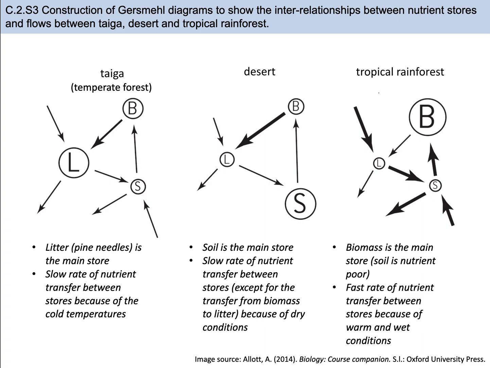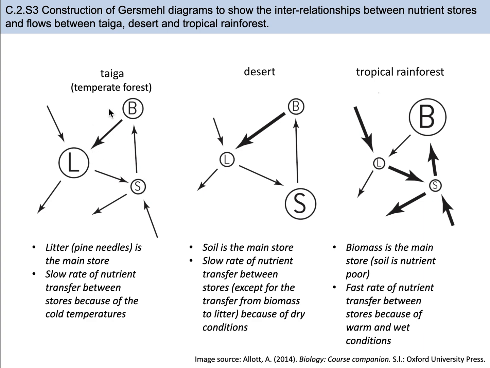So here are some comparisons of each of these different biomes. So a taiga biome, or a temperate forest, you could probably take a look at it and take a guess at which one has the most nutrients. So they're all three different sizes. What you should have guessed is that the litter is the biggest storage, then it would be biomass, then soil.